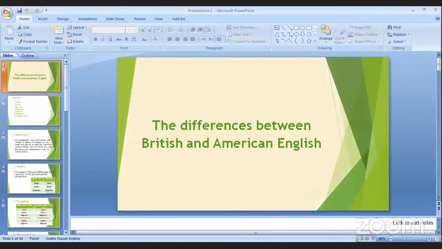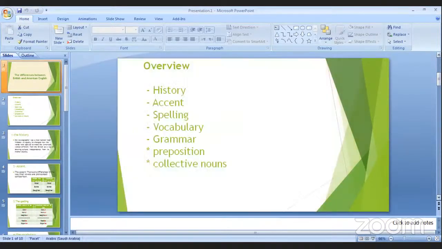Okay. Yes, please. The difference between British and American English. First, we will talk about history. The lexicon, second. So that's the overview of what you are going to do. You are going to talk about history, accent, spelling, vocabulary, grammar, prepositions, and collective nouns.